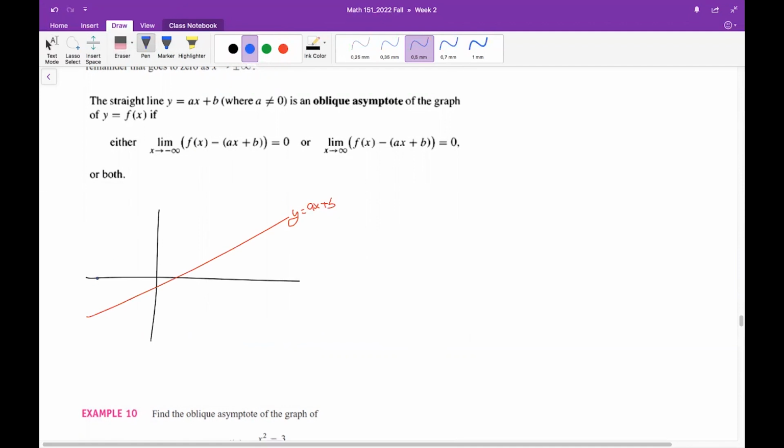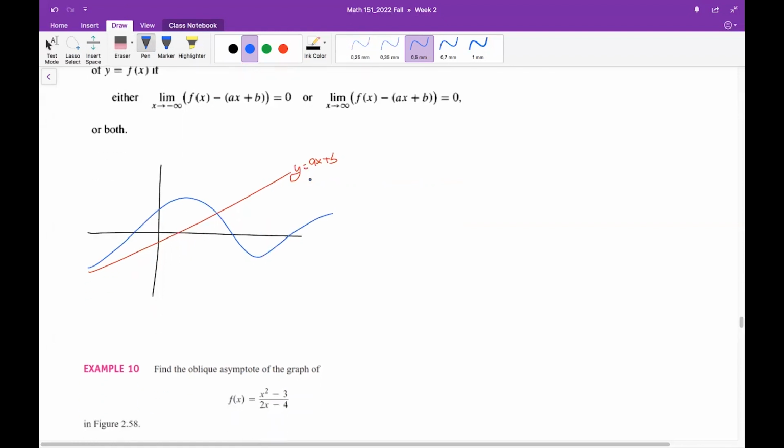And now let me draw a function like this. This is y equals f of x. Now we will investigate the behavior of our function, the blue one, as x goes to minus infinity.